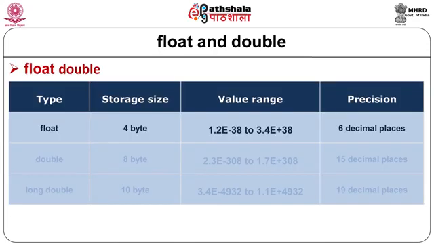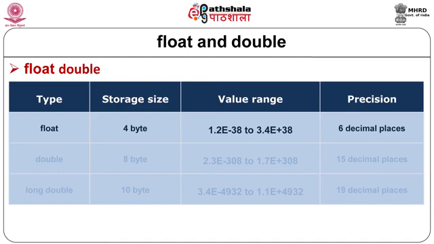This is the tabular form which will describe the difference between float and double. For float data type, storage size is 4 byte, with value range and precision. The value range for float is 1.2 into 10 raised to minus 38 to 3.4 into 10 raised to plus 38.